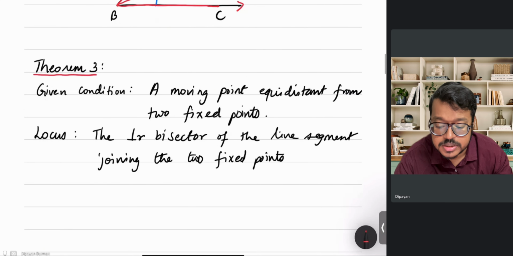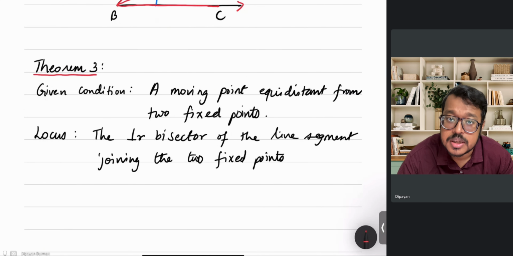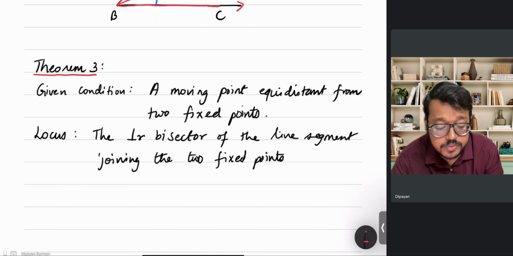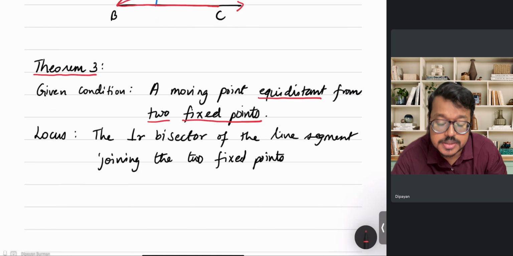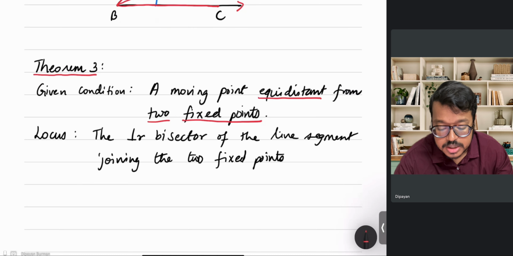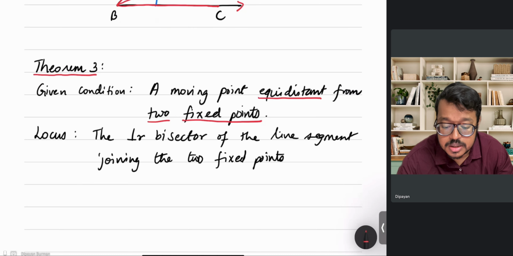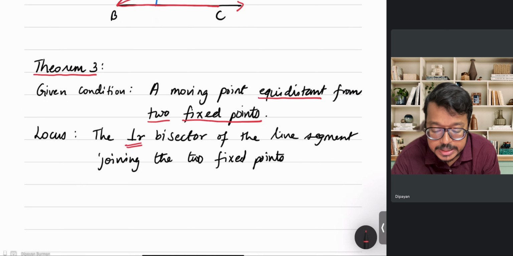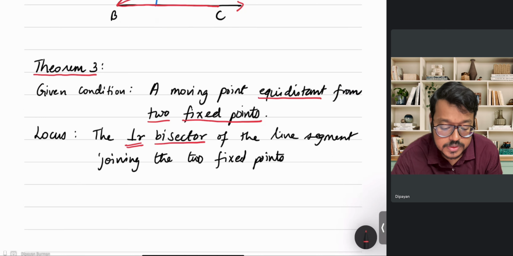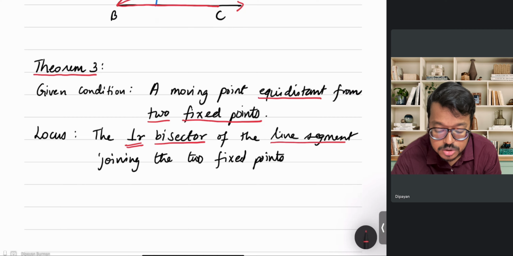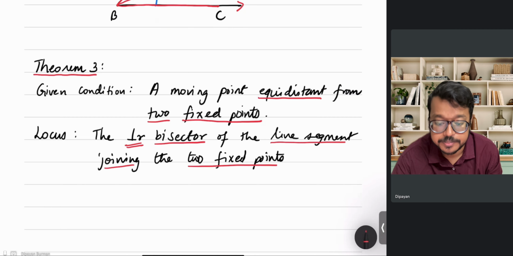Then the last locus theorem is talking about the given condition where I need a moving point always equidistant from two fixed points. According to the theorem, the path traced by this moving point will be the perpendicular bisector of the line segment joining the two fixed points.